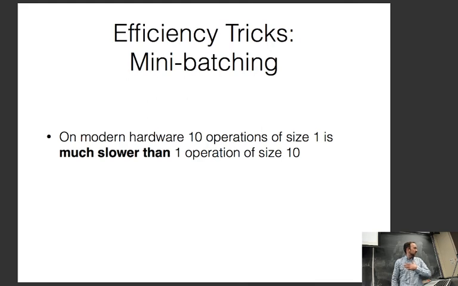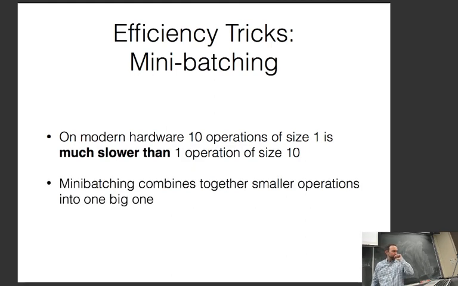The idea behind mini batching is that on modern hardware, especially GPUs, but also some CPUs, doing a single big operation is faster than doing a for loop over many small operations. The idea behind mini batching for the purpose of efficiency is taking advantage of this fact.